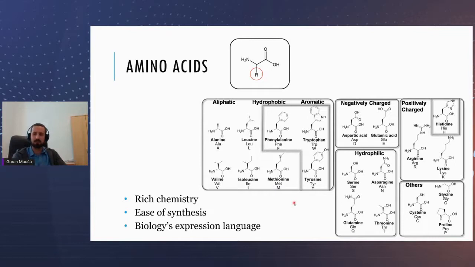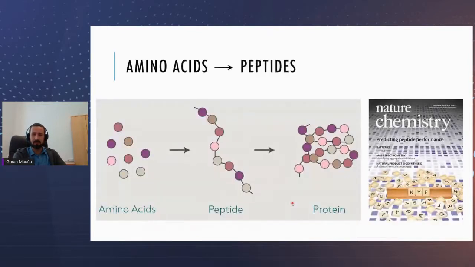There are also other ways to divide them. More importantly, they are biology's expression language, and they present rich chemistry with 20 natural amino acids, which we use to form peptides. Depending on their sequence, with length up to 50 amino acids in a chain, they form various peptides. Sequences that are above 50 amino acids in length are considered to be proteins, but this is an arbitrary definition.